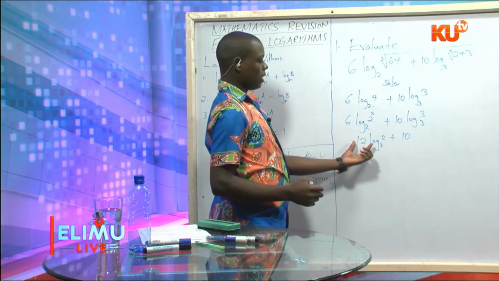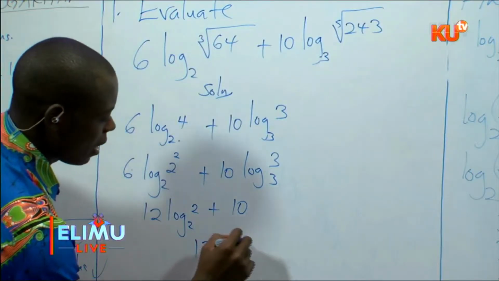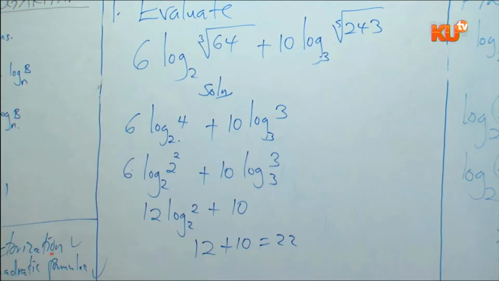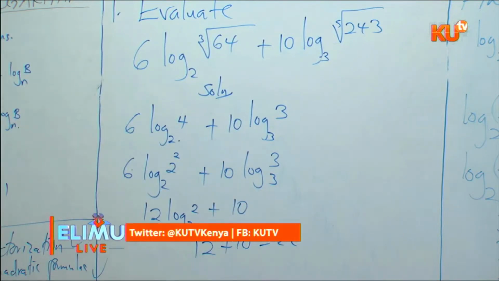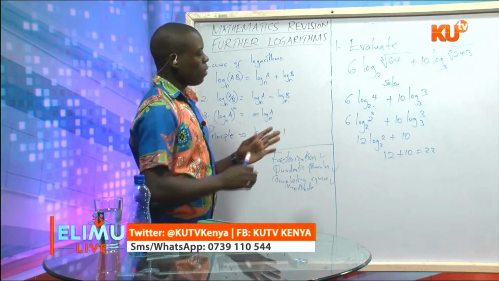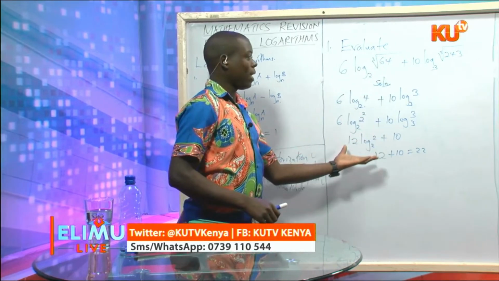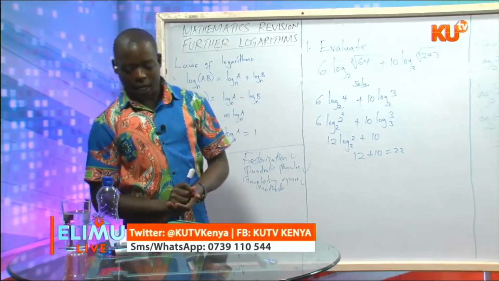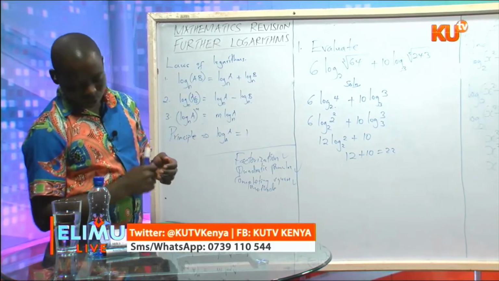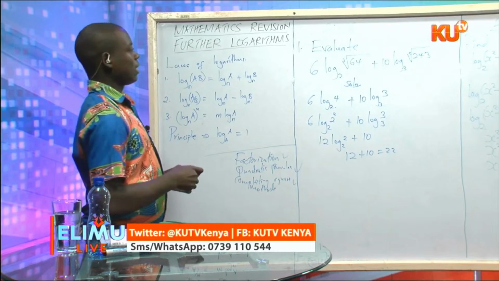Again at this point, 12 times 1, which is 12. So we have 12 plus 10, which is 22. That is the answer. So in this case, we are simply applying the laws of logarithms, but now to simplify a logarithmic expression. That was 2006, which was 3 marks.